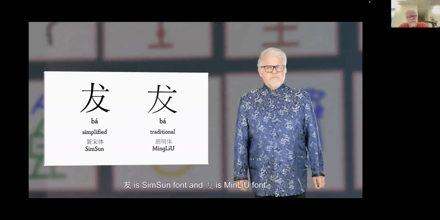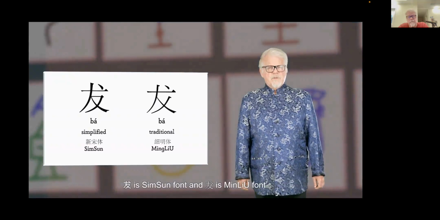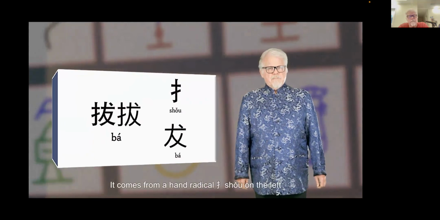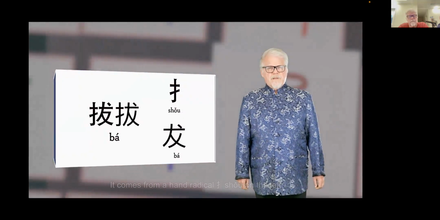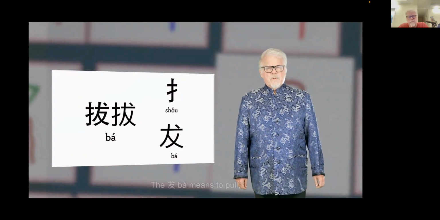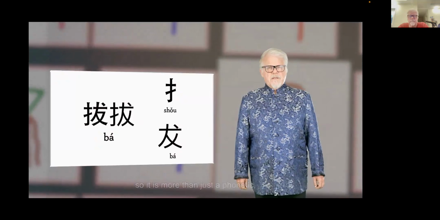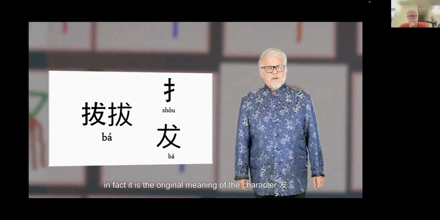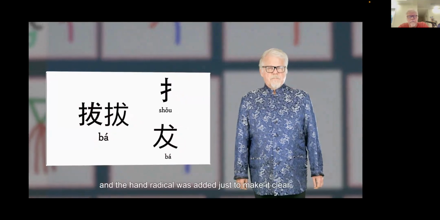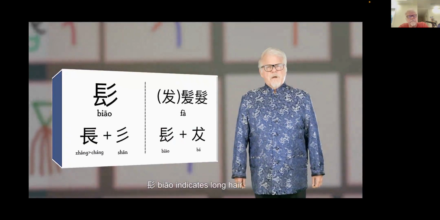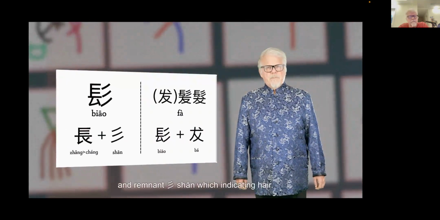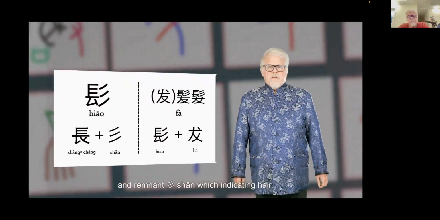Ba is Simsun font and Ba is Min Li Yu font. Ba means to pull up or to pull out. It comes from the hand radical shou on the left and the related phonetic ba on the right. The ba means to pull, so it is more than just a phonetic. In fact, it is the original meaning of the character ba, and the hand radical was added just to make it clear. Biao indicates long hair, Kangxi radical 190, from long hair jiang and remnant shan, which indicates hair.